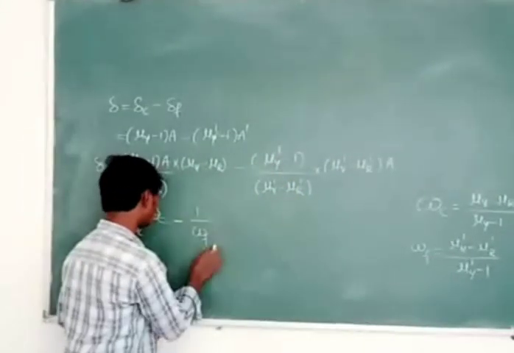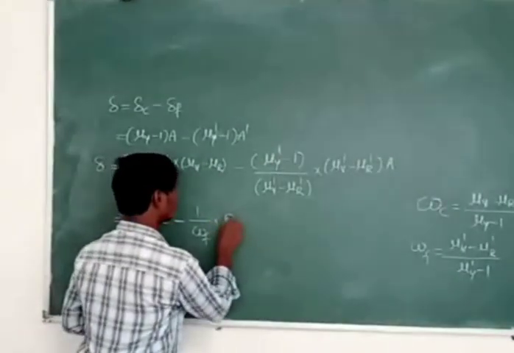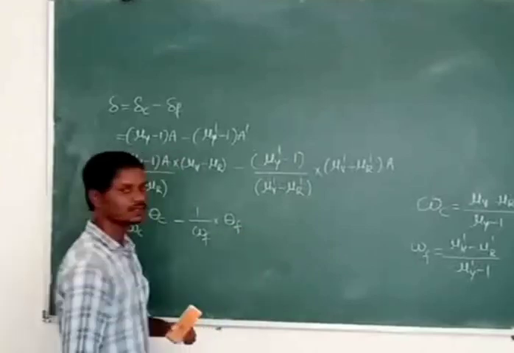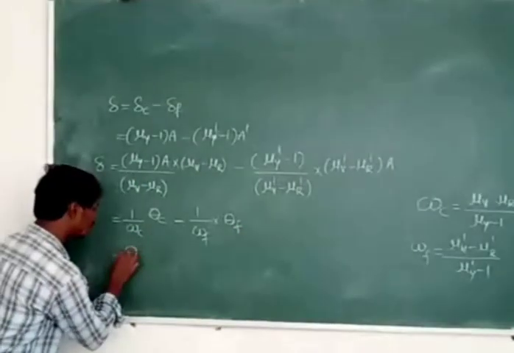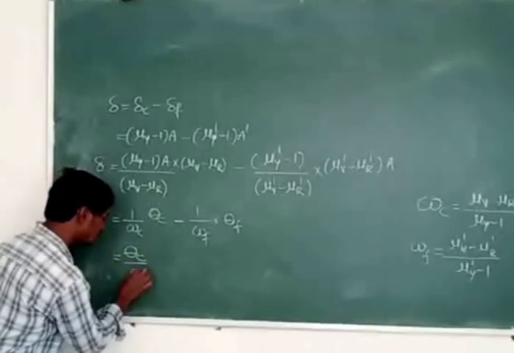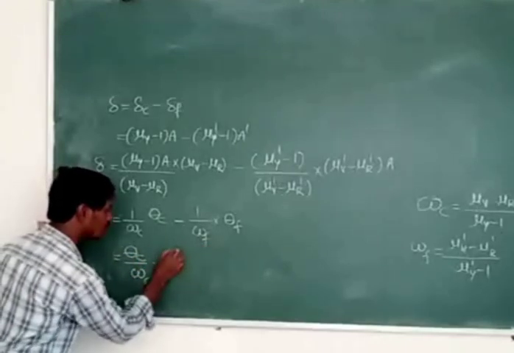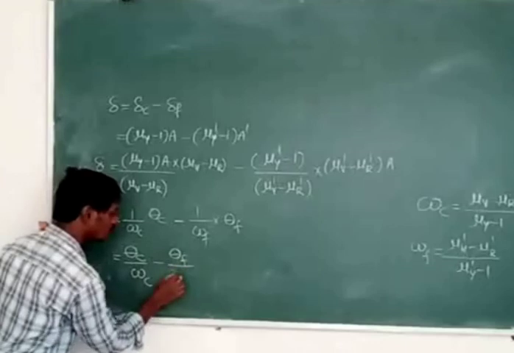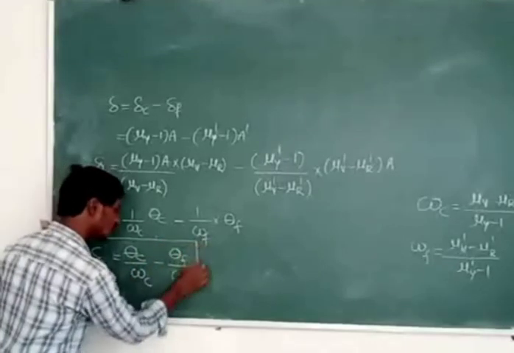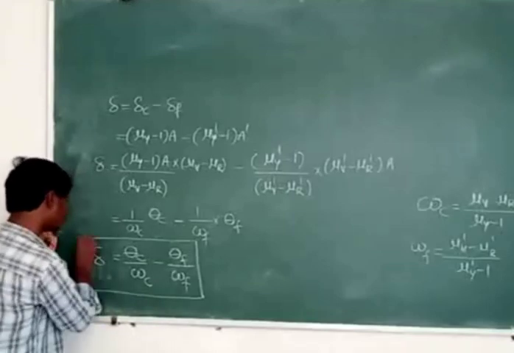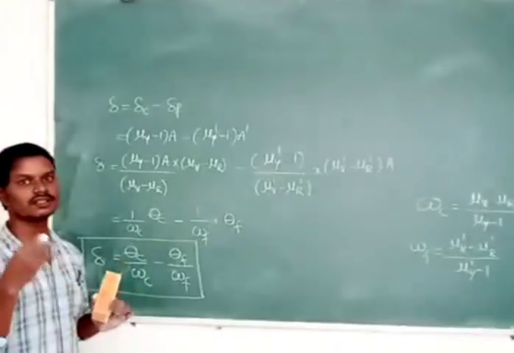That is 1 by omega_F into theta_F, the angular dispersion due to the prism of flint glass. We can write theta_C by omega_C minus theta_F by omega_F. It is the net deviation produced by the combination of two prisms. There is a deviation but not dispersion.